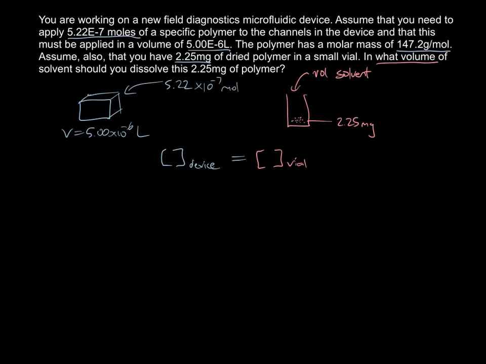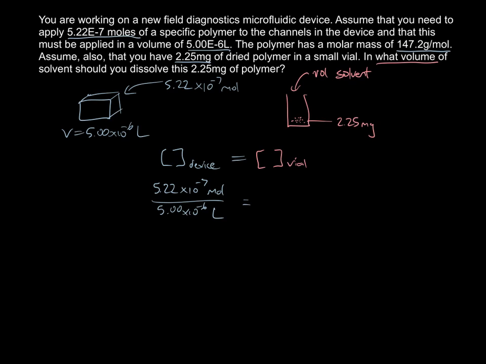We can start by calculating the concentration in the device, which is pretty straightforward. You just put moles over liters. So 5.22 times 10 to the negative 7th moles of our polymer in 5 times 10 to the negative 6 liters.